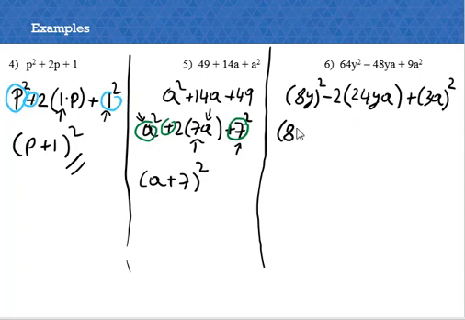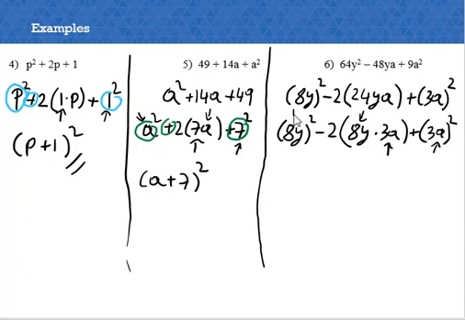So you have 8y squared minus 2 times, instead of 24ya, I'm going to write 8y times 3a, plus 3a squared. So we see 3a here, 3a here. We see 8y here and 8y here. So it's a perfect square.